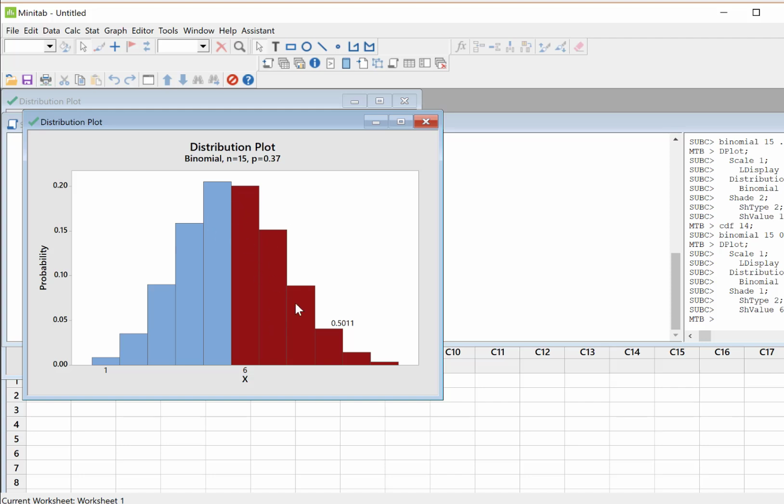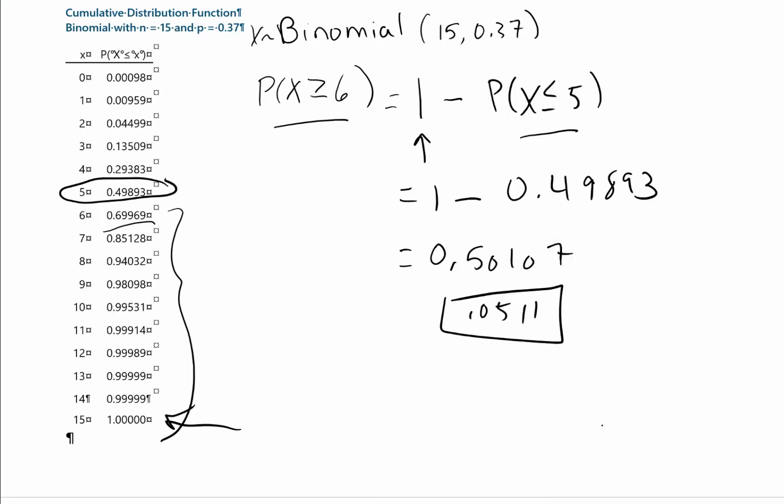I wanted all this in red, but the cumulative distribution only gives me everything in blue. And we know by our probability rules that 1 minus the complement gives us what we want. So 1 minus the probability in blue would give us the probability that is in red, which is exactly what we did here. We used our complement rule to find the probability that x is greater than or equal to 6.